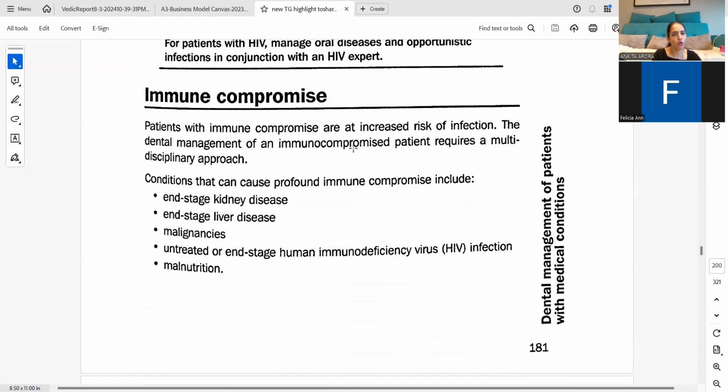Next, we have immunocompromise. Patients with immunocompromise are at increased risk of infection. We know that. The dental management of an immunocompromised patient requires a multidisciplinary approach. These conditions can cause profound immunocompromise: end-stage kidney disease, end-stage liver disease, malignancies, untreated or end-stage HIV infection, and malnutrition.